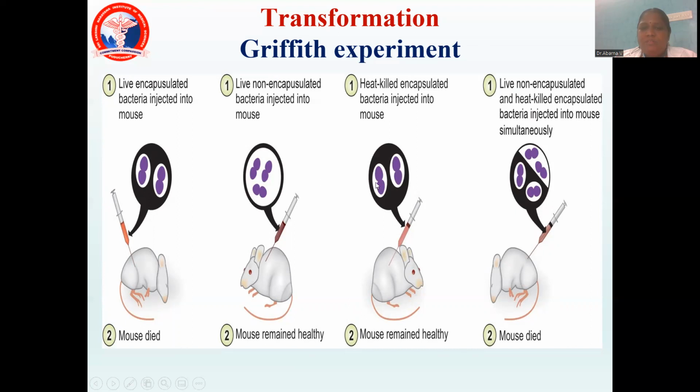So this property is transferred from the dead cell and this living bacteria will start producing capsules. On further replication, the bacteria is able to synthesize capsules and this encodes for the virulence factor, and hence the mouse develops the disease and dies of infection. So this is how Griffith proved the transformation.